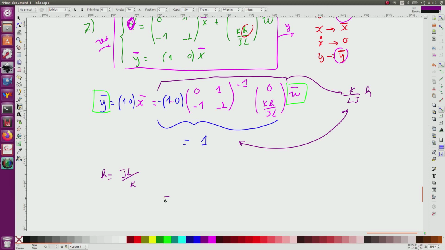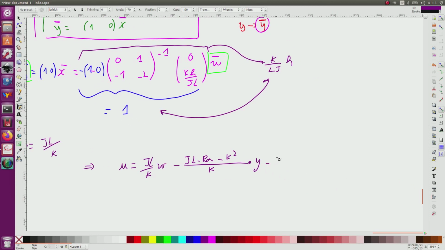Finally, the controller I want to find, the proportional derivative, has the form GL divided by kappa W minus (GL minus R alpha minus kappa square) divided by kappa multiplied by y minus (2GL minus L alpha minus GR) divided by kappa y dot.